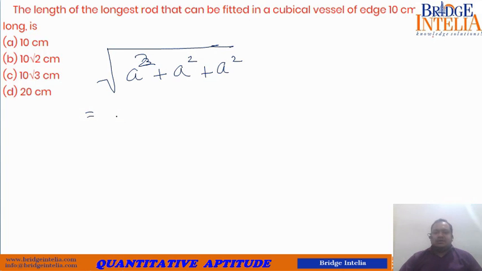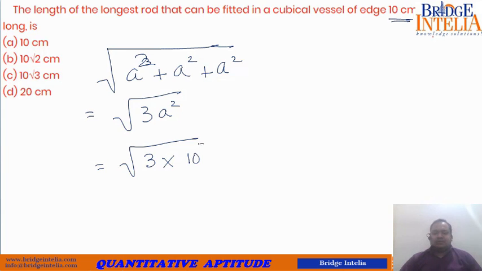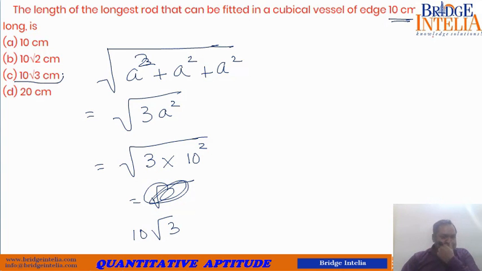So under root of 3a square. Now let's substitute the value. What is a? Edge is given to be 10 centimeters. So under root 300, which can be written as 10 root 3 centimeters. So this is the correct answer.